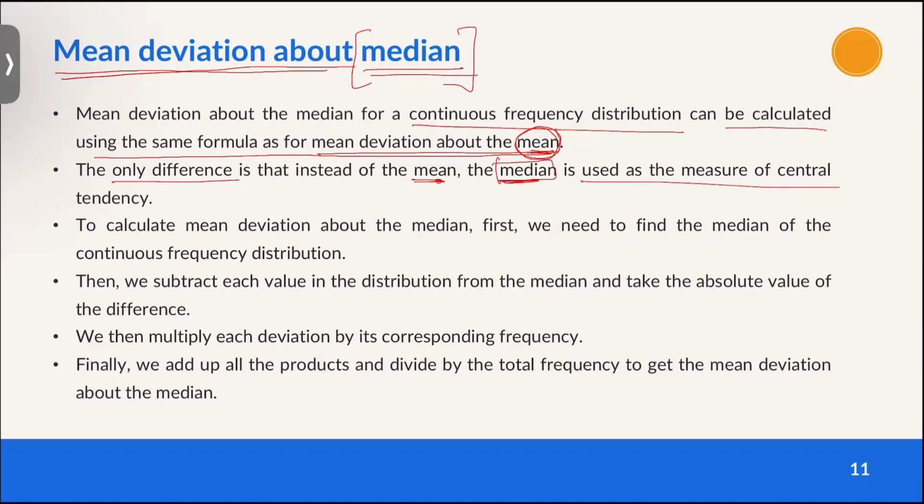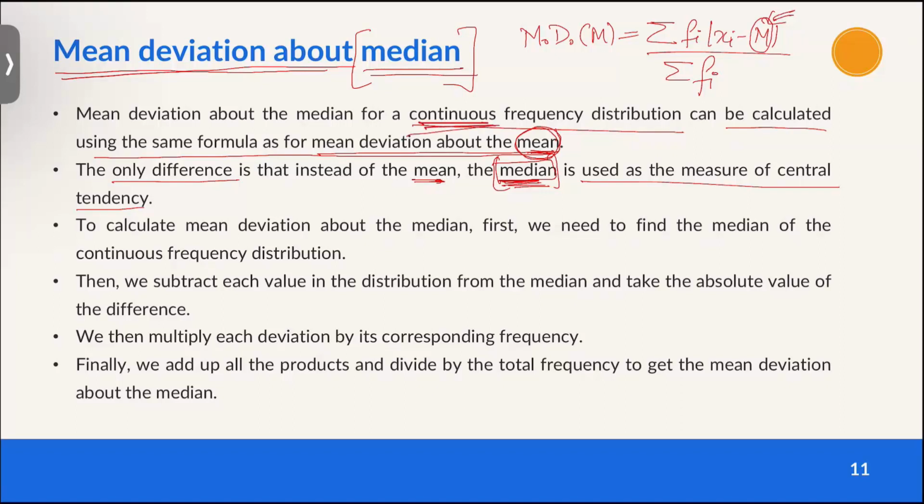Median is used to measure the central tendency, so only this calculation of median changes. Everything else remains the same. So mean deviation about median will be given as summation of fi times the absolute value of xi minus capital M, divided by summation of fi. Only how to calculate this median is important for a continuous frequency distribution.